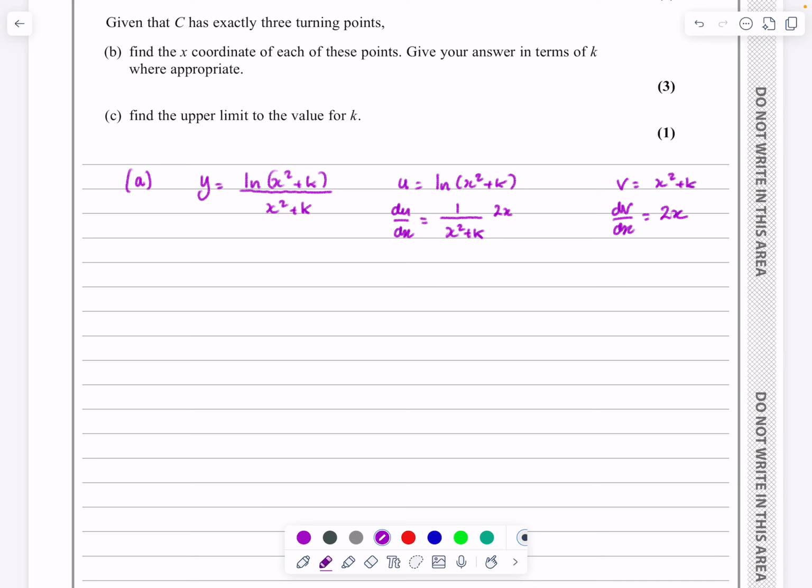So when I'm doing my differential, then dy by dx, I always write the formula out. v du minus u dv all over v squared. I write it out every single time because it means that that formula gets in my head, and it also means hopefully I'm less likely to make mistakes when I'm subbing everything in. So dy by dx is going to be v du, that's those two.